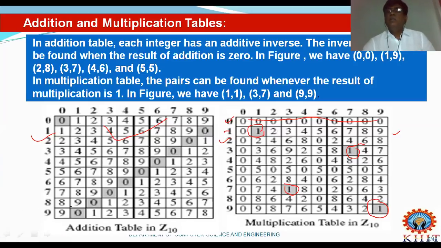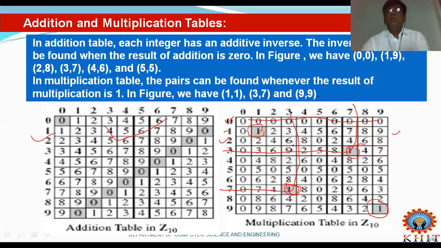How to get this one? Check the third row. How to get this third row? This 3 into 7, its value is 21. 21 modulo 10 is 1. And how to get this one? This 7 into 3.